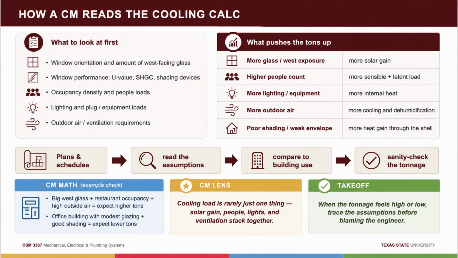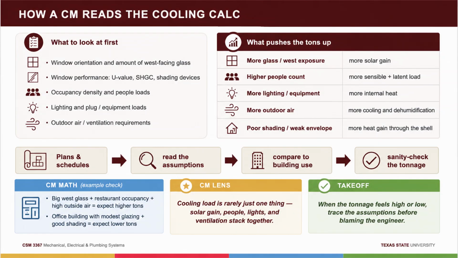Solar through the glazing. SHGC times the glass areas, with that west exposure doing most of the damage, 9,600. People, 12 occupants at 450 each, 5,400. Lights, 2,400 square feet at 1 watt per foot is 2,400 watts, times 3.412, about 8,200.